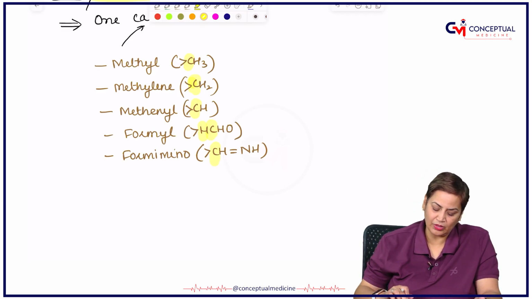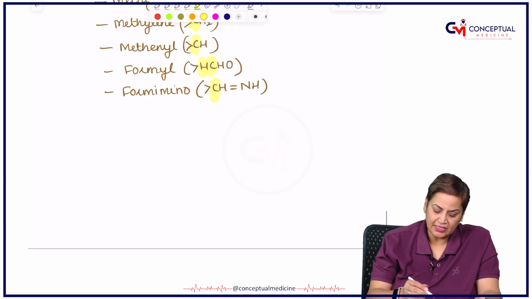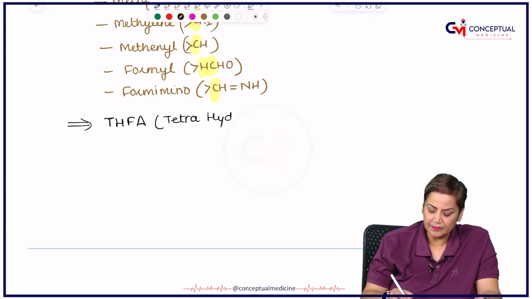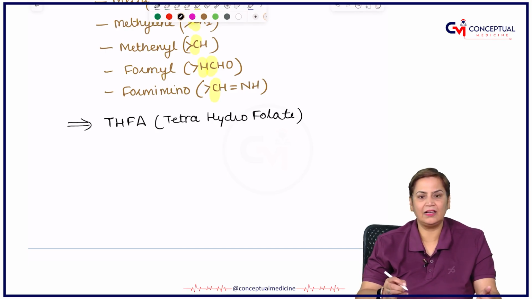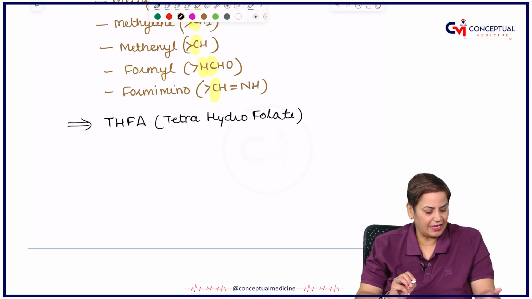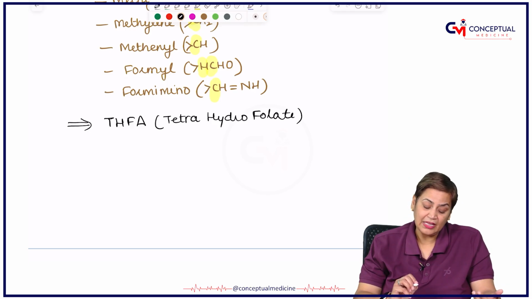And the active form of this folic acid is THFA, which stands for tetrahydrofolate. So if it is carrying any particular group, it will be categorized like that, like N5-methyl THF, N5-methylene THF, methynyl THF, and so on.